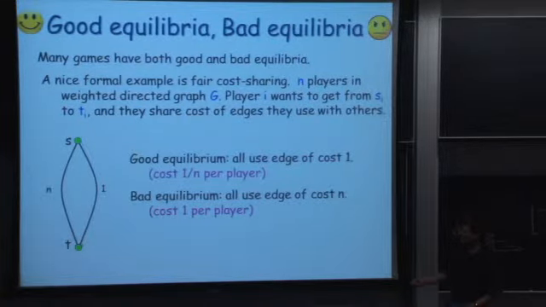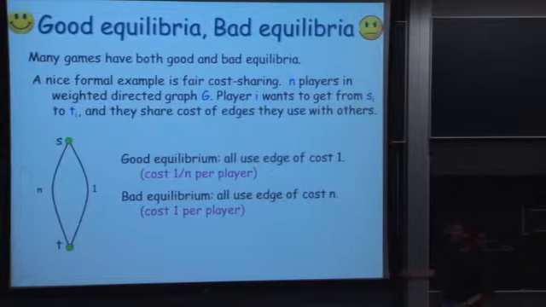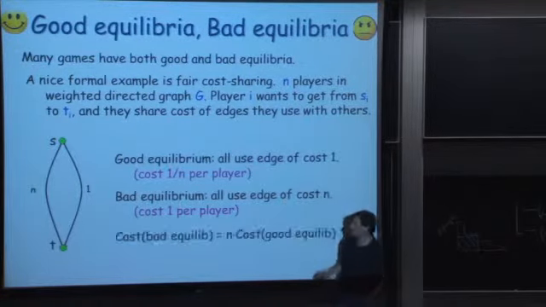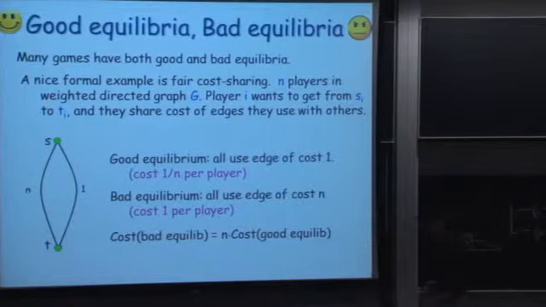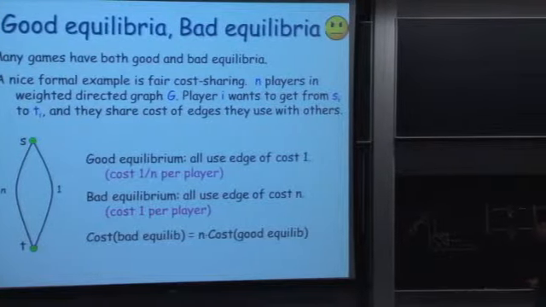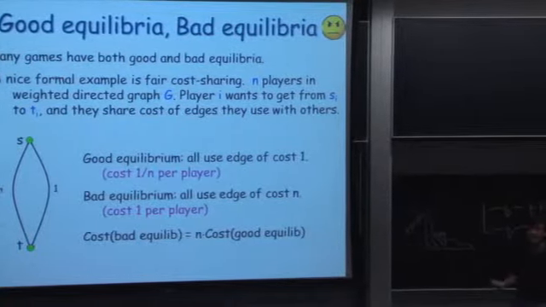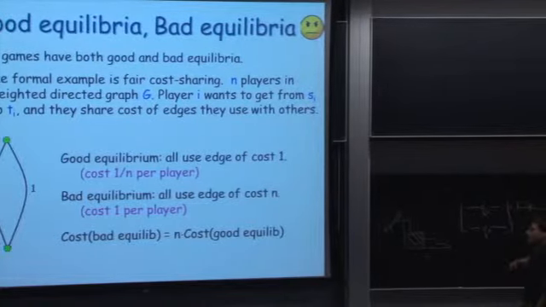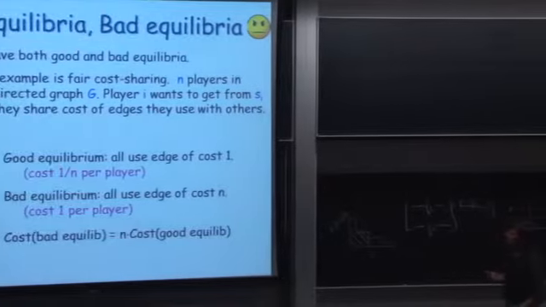But we're all paying n total, where we could have paid 1 total. 1 per player versus 1 over n per player. So this bad equilibrium is n times worse than the good equilibrium. That's an example of a game that has equilibria, some of which are a lot better than others in terms of how much people pay.